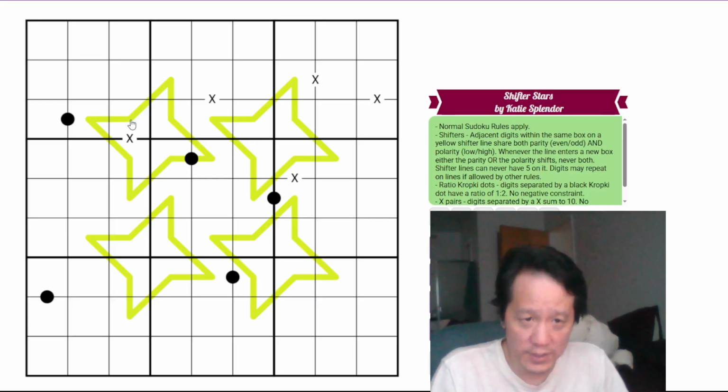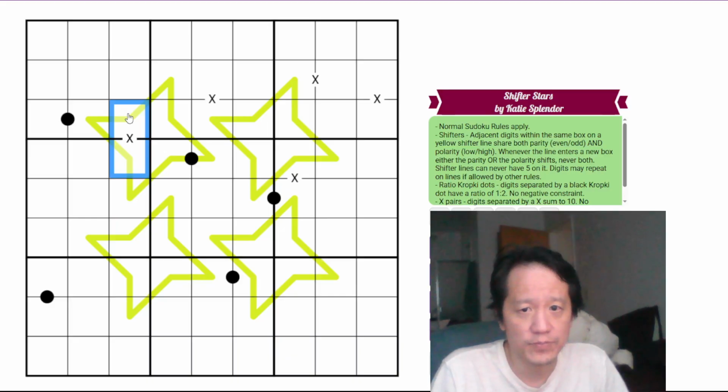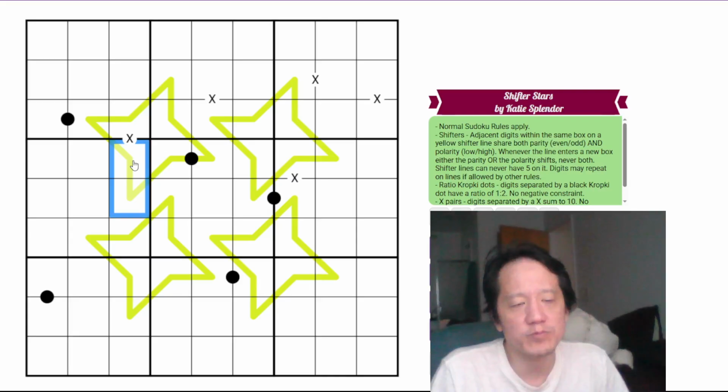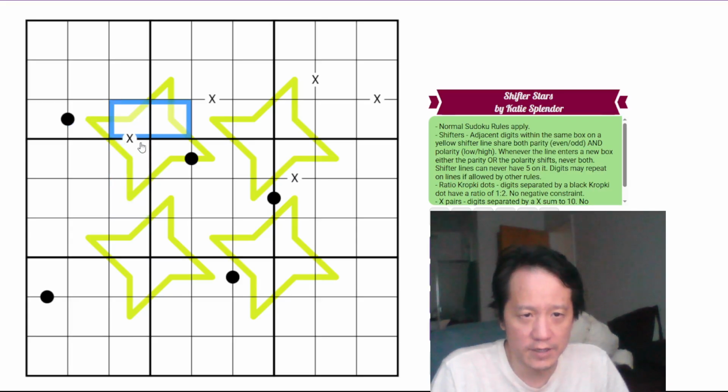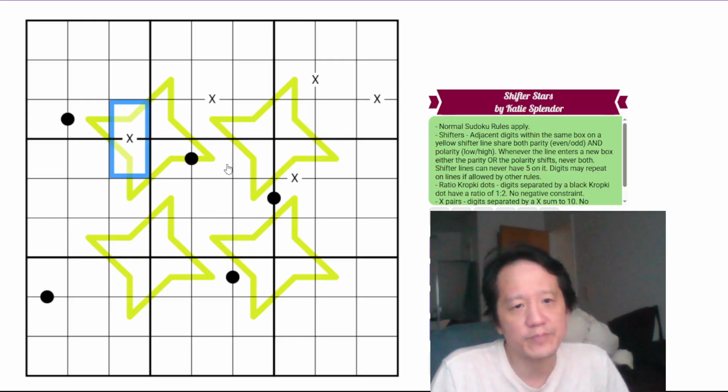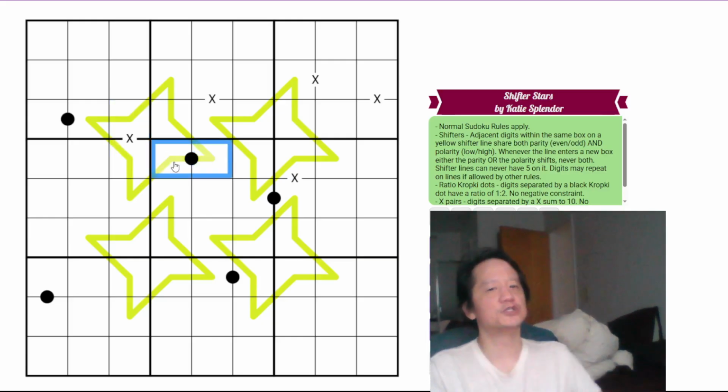Okay, so these two digits must be the same parity here. So for this, we have to have a polarity shift between these two digits and these two digits, right? Hold up. This is in a 1 to 2 ratio.